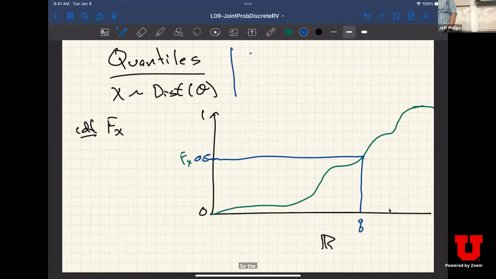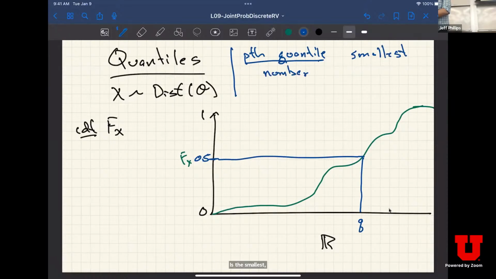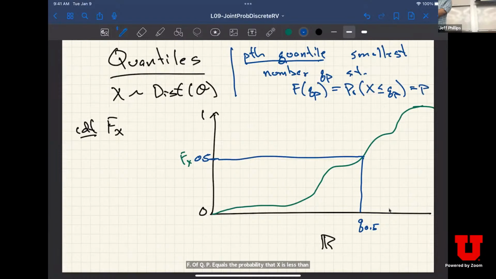Formally, the pth quantile, Q_p, is the smallest number Q_p such that F of Q_p, the probability that X is less than Q_p, equals this value p.